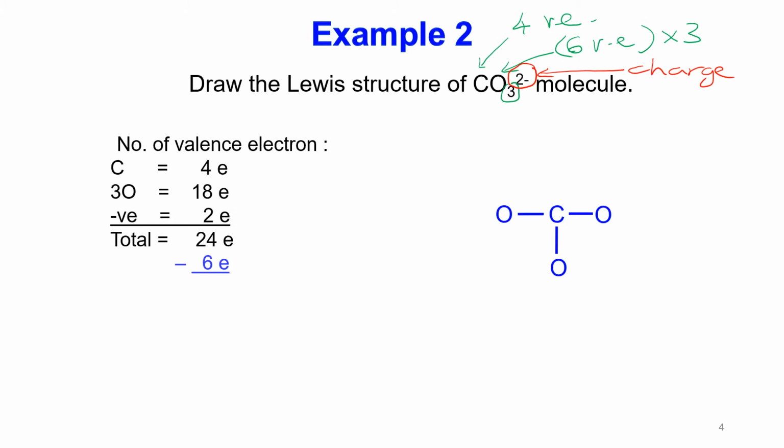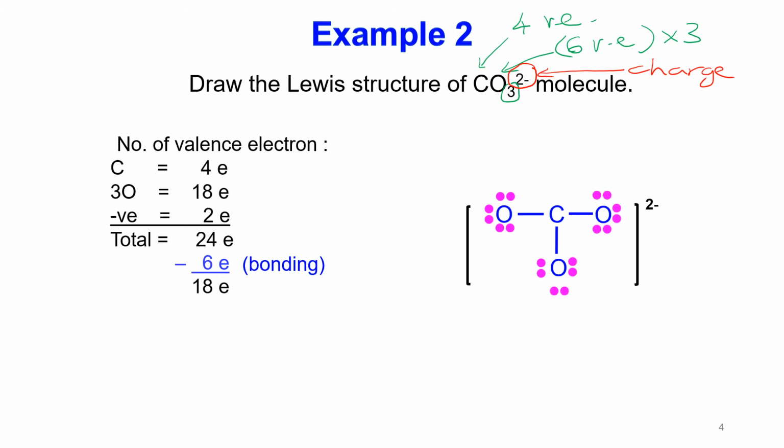We draw carbon at the center and oxygen at the terminal. Here we can see that we have 3 bonding. 3 bonding means that we have 6 electron. So 24 minus 6, balance is 18. So 18 we will use at the terminal atom, oxygen.